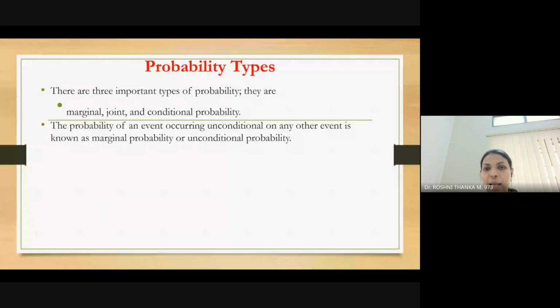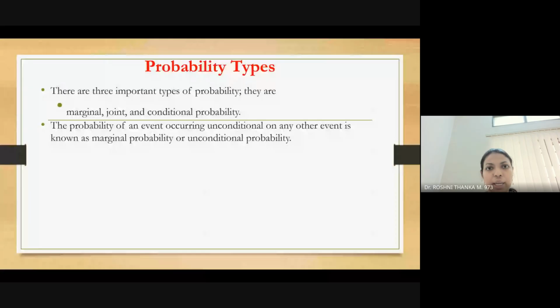In the book they have given an example. You just go through it. For now, to make you understand these probability types, I'll give another example. The 3 types of probability are marginal, joint, and conditional probability. The probability of an event occurring unconditionally, not depending on any other event, is marginal probability. The first one is marginal probability, which means it will not depend on anything else.